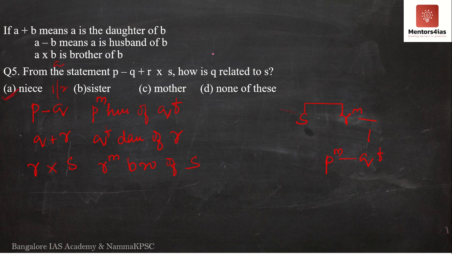However, if the question had asked how is S related to Q, then the answer should have been that it can't be determined, because S could be either the uncle or the aunt to Q, based on the gender of S. But we don't know the gender of S. Therefore, if the question is asking how is S related to Q, then the correct answer would have been it cannot be determined, because I've told you earlier the gender of the last person in these kinds of problems cannot be determined.